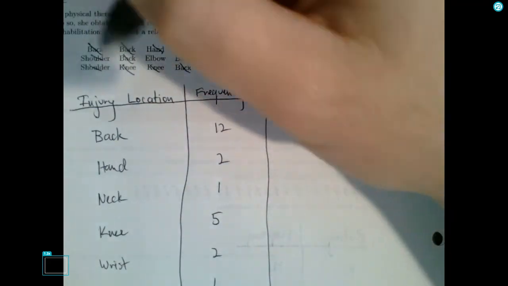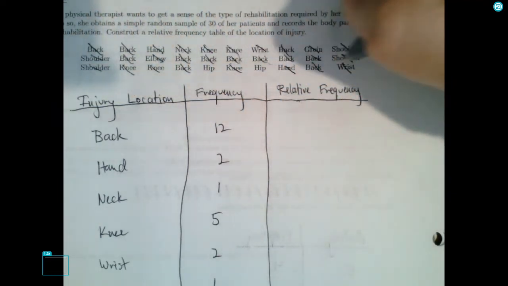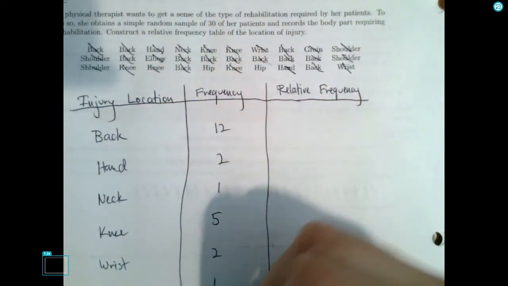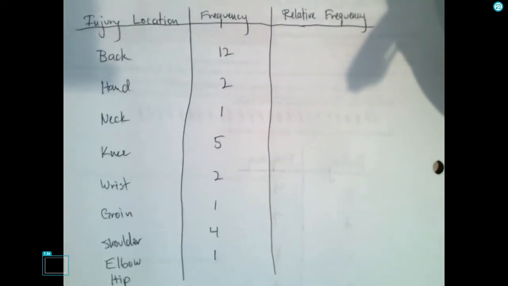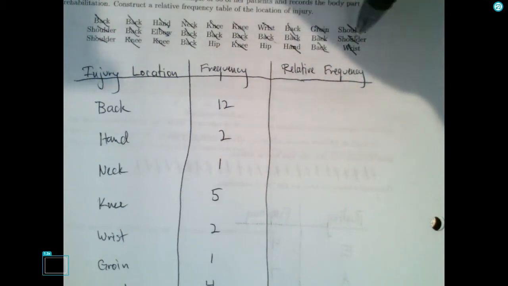Elbows. We've got 1. How do you injure your elbow? Hit your funny bone really hard, I guess. 1 elbow injury, and then hip injury. How many of those? We've got 2. So 2 hip injuries. Okay.